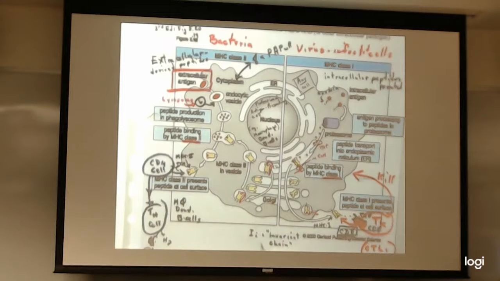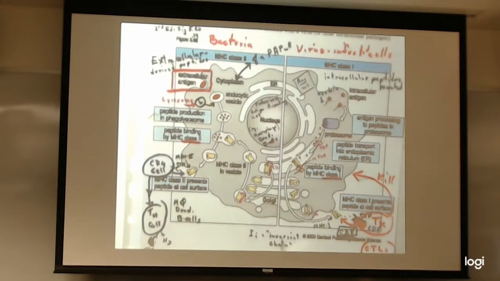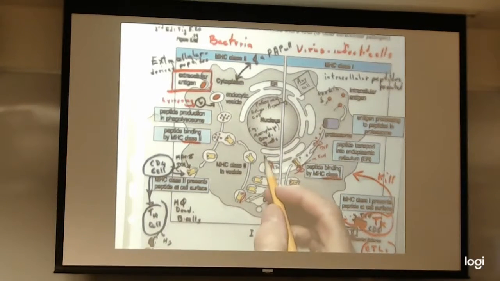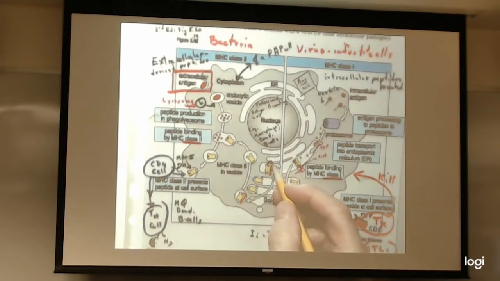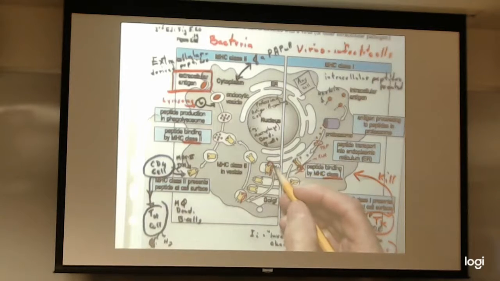No, it's I, big I, sub little I. And I sub I, or invariant chain protein, is shaped kind of like a walking stick or a candy cane, and the handle of the walking stick, so to speak, sits right here in the groove, on the peptide binding groove of this MHC molecule here. So the peptide binding groove is already occupied by this II chain.